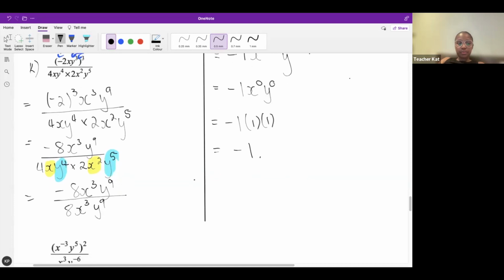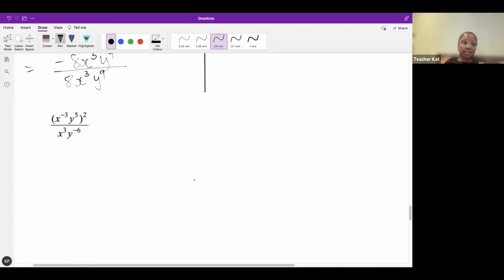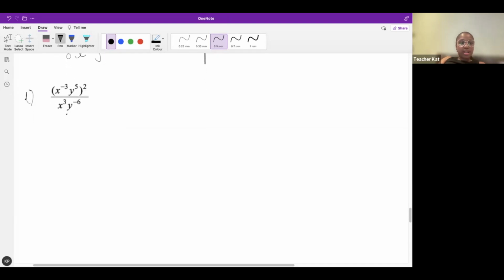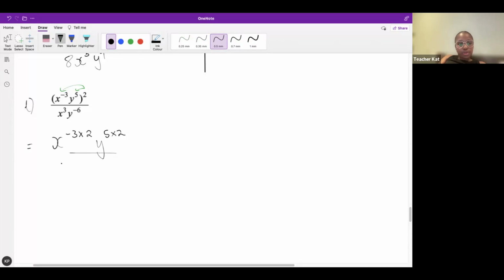Okay. Let's move on to number L. Nothing inside my brackets, so let us distribute my 2. So in my numerator, I will have x to the power of negative 3 times 2, y to the power of 5 times 2, over x cubed, y to the power of negative 6.